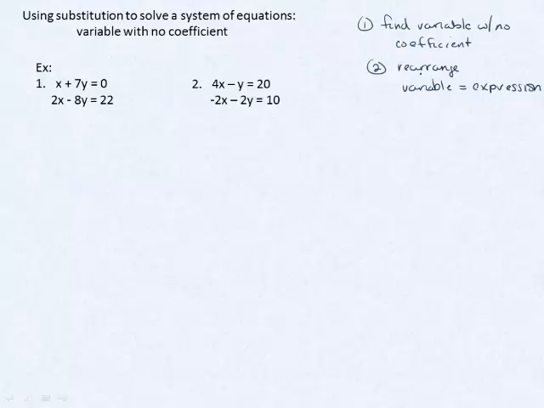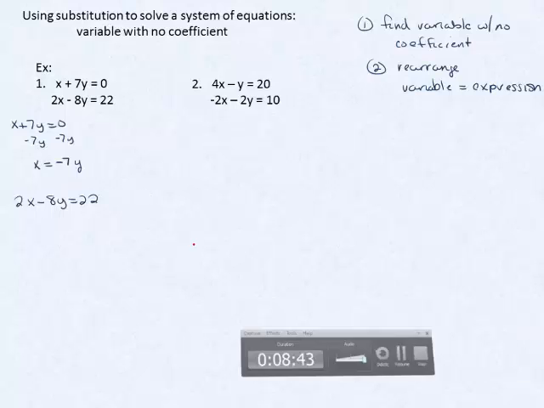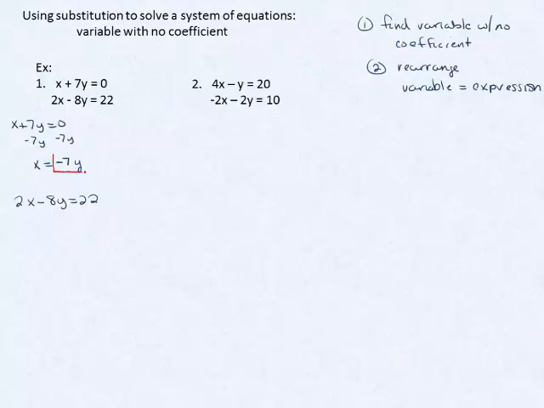So I have x plus 7y equals 0. I'm going to subtract 7y from both sides, and that gives me x is equal to negative 7y. Now, in my other equation, which is 2x minus 8y is equal to 22, I'm going to take this thing that x equals negative 7y, and I'm going to replace my x in the other equation with negative 7y.